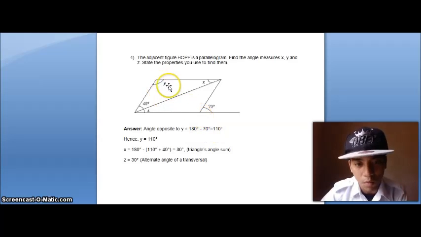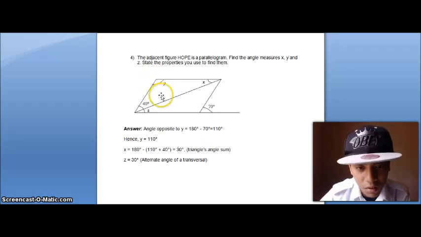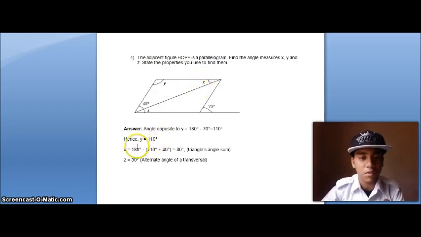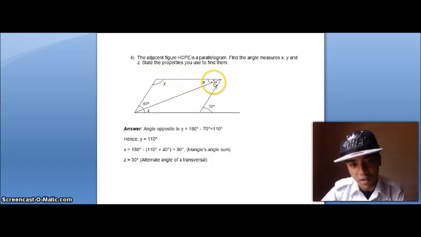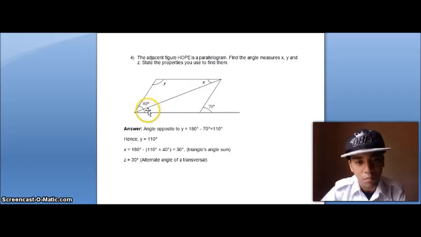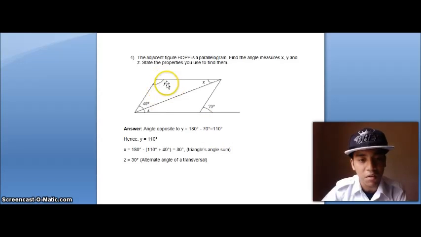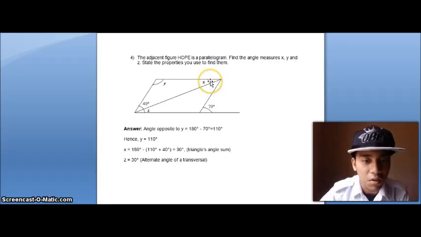And for x, it is like a z shape, so to find x, we must find z. But we already know y, that is 110 degrees. So the sum of a triangle is 180 degrees. So 180 degrees minus 110 degrees and minus 40 degrees, we can get the value of x, which is 30 degrees. So z equals x, which means 30 degrees. So z equals 30 degrees.